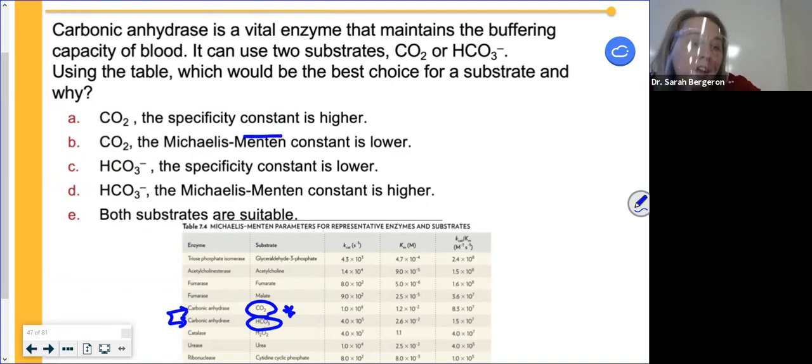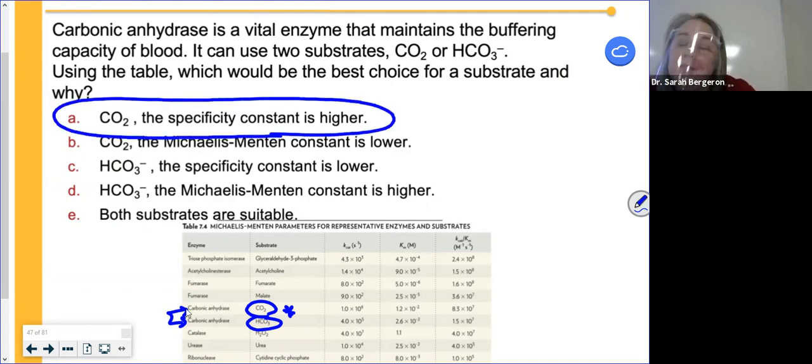The specificity constant is higher. Okay. Yes, no, maybe so. Your book does one in the animation of fumarase. They do a very, very similar thing in the animation where it talks about which substrate is better. It's exactly the same analogy.